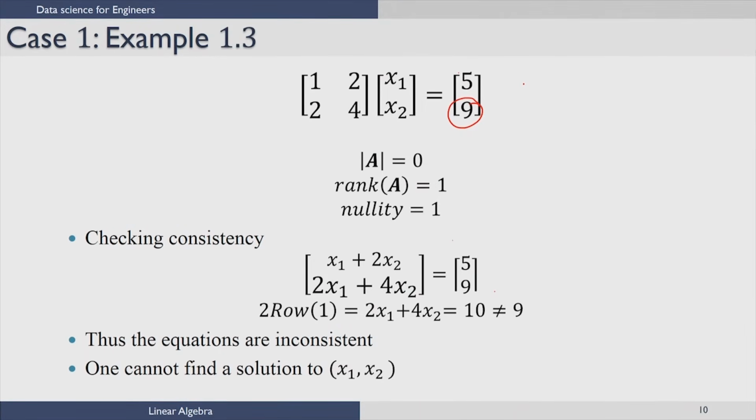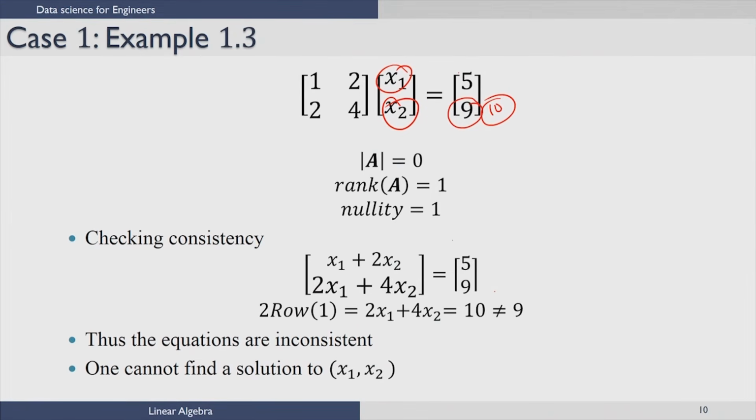That basically means whatever x1 and x2 values you used for solving the first equation, if you plug that value into the second equation, your right hand side will always be 10, but you want it to be 9. So, which is never possible. So, this is a case where you will not have any solution. In other words, if this number is anything other than 10, you will have no solution to these equations. This will become an inconsistent case.